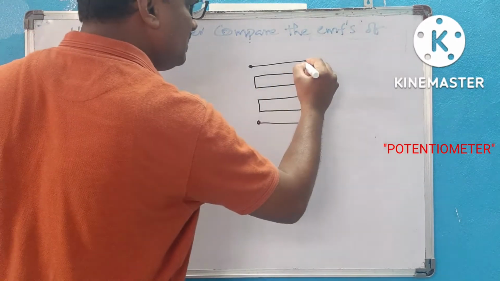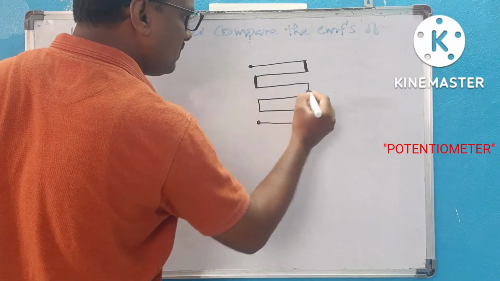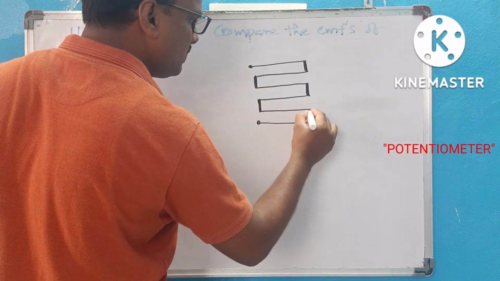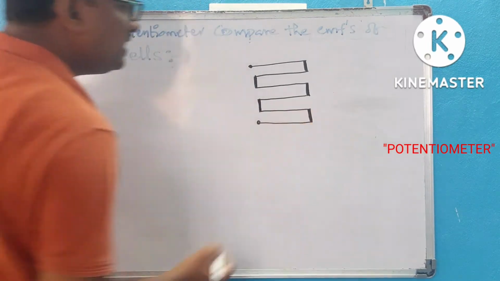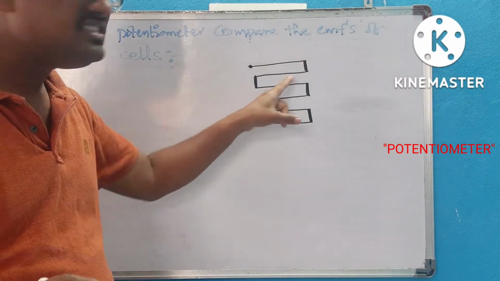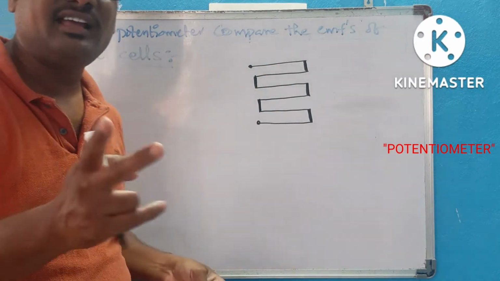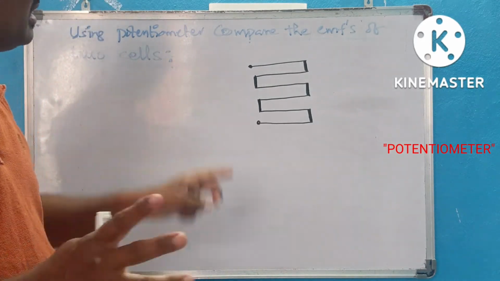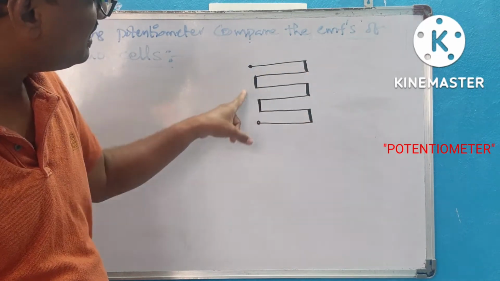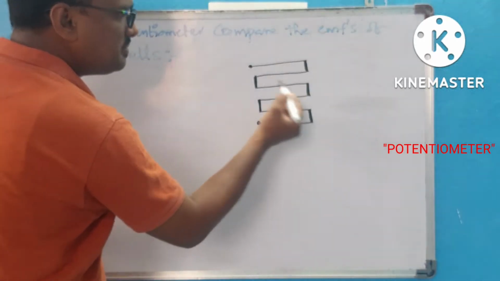The potentiometer has a very long lengthy wire. So we cut the wire into equal pieces, and those wires are connected to strips. The bold ones are the strips. These are strips.